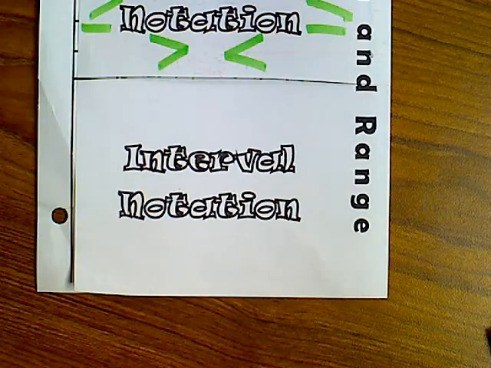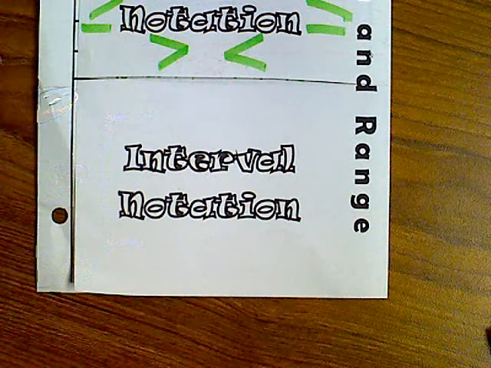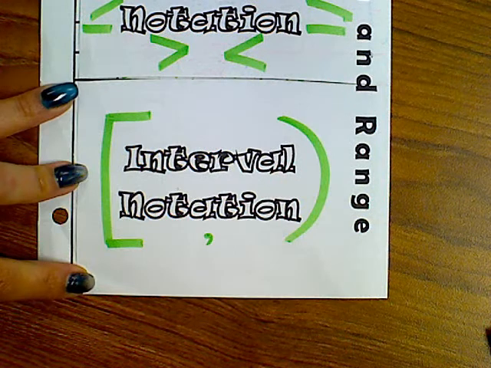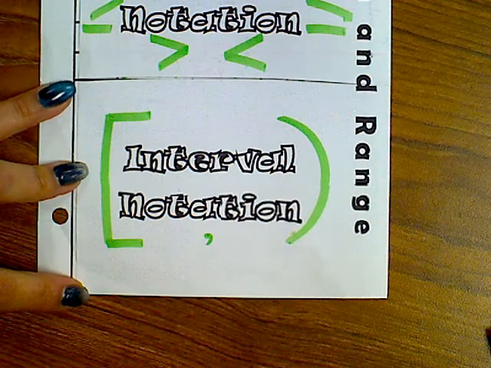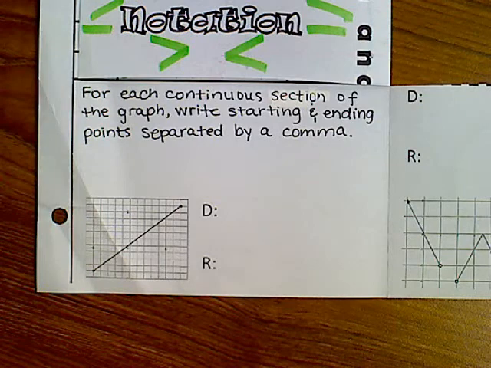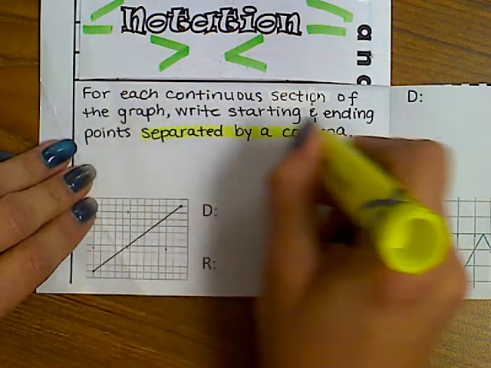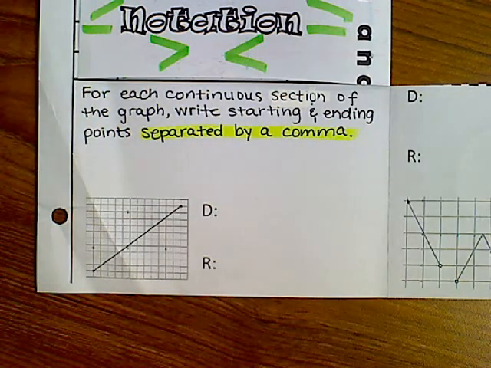Lastly, let's move into interval notation. For each continuous section of the graph, write starting and ending points separated by a comma. That part is particularly important. Now, we're going to use our parentheses and brackets at different points.